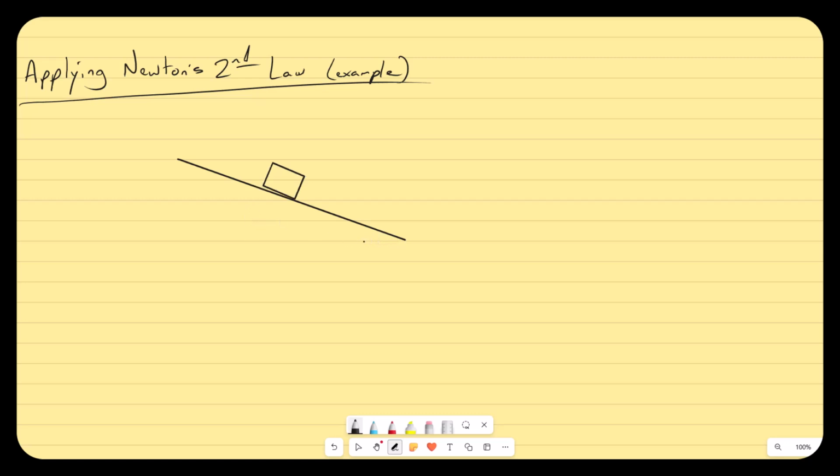We're going to give this ramp an incline angle here. Let's go 30 degrees. And we'll give the block a mass of 5 kilograms. We have not gotten into any friction or anything like that, so this is just going to move pretty freely. We want to know what's the acceleration down the ramp.